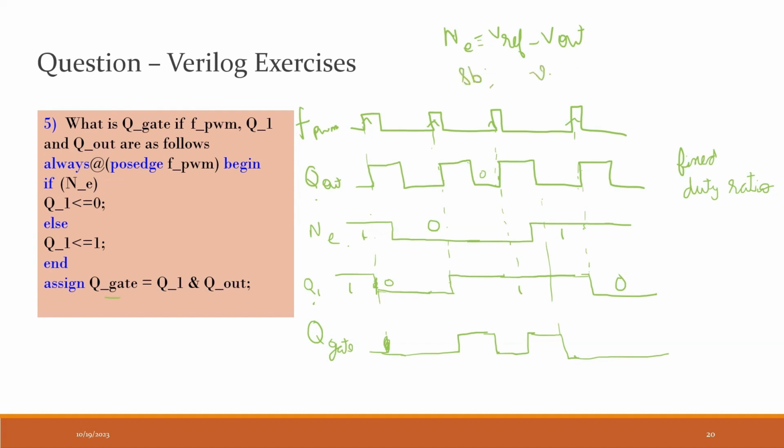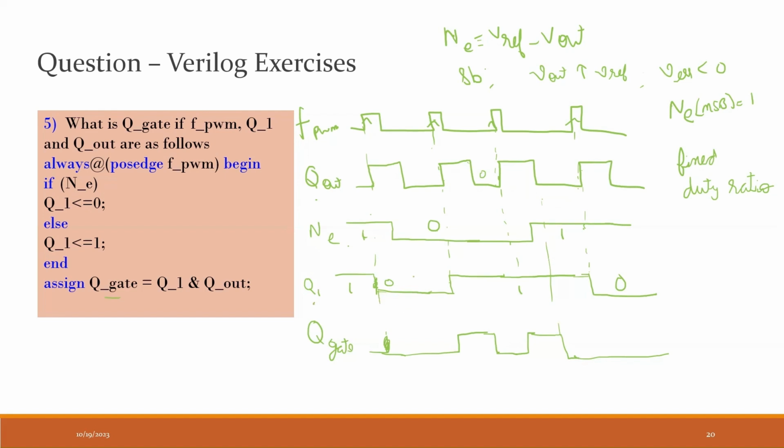So when my output is greater than my V reference, that time my V error is less than 0, and if V error is less than 0, the MSB will be 1. So this corresponds to the logic for pulse skipping modulation.